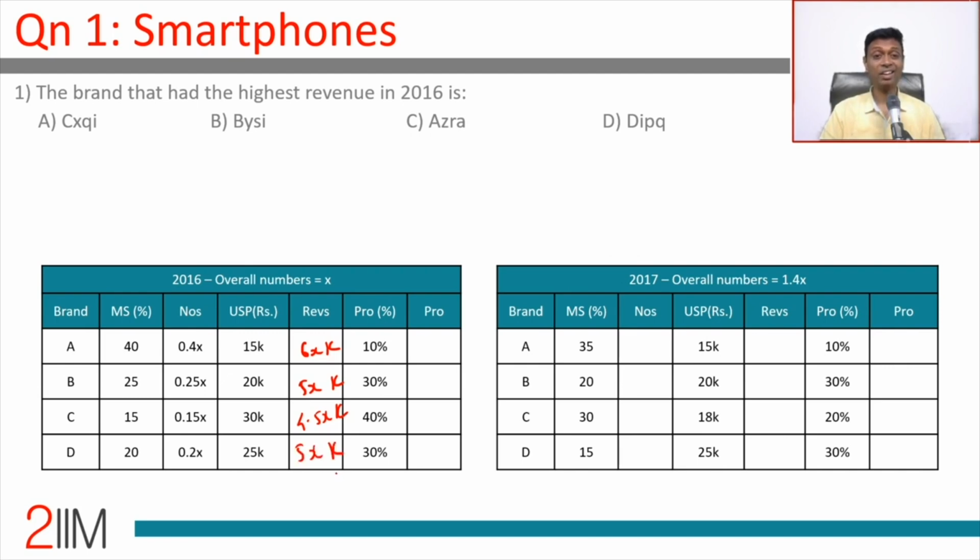The brand that had the highest revenue in 2016 is Azra. We've got this. This is very useful.